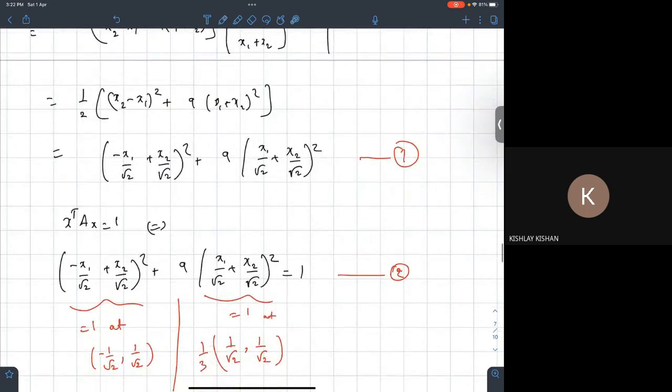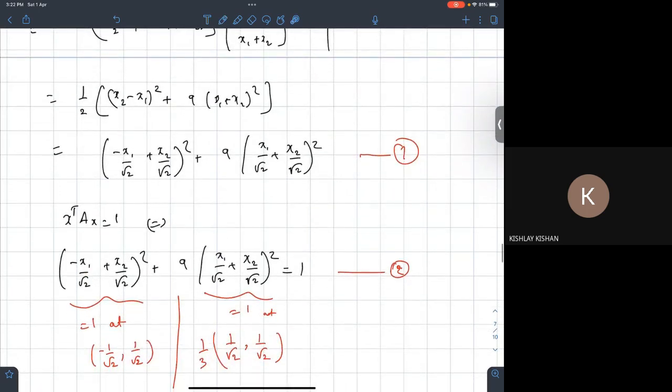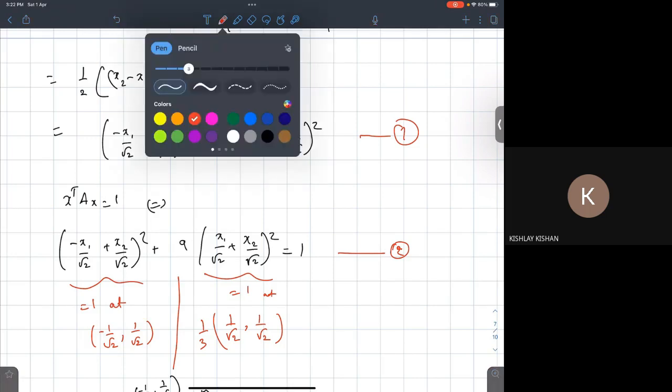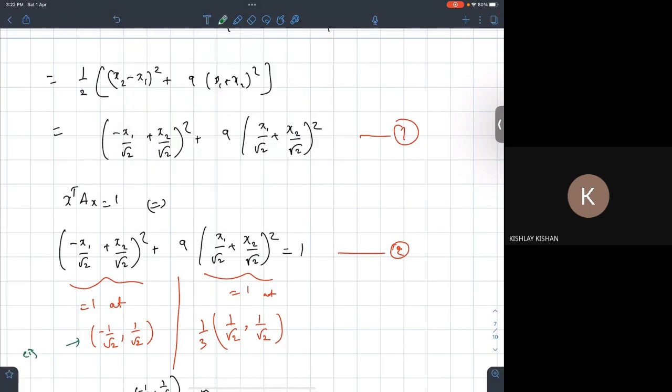All right. So if you look at equation 2, if I want to choose x1 and x2 such that only the first term is 1, then that will be this. Got it? This is the eigenvector corresponding to the eigenvalue, the eigenvector for lambda equals 1. And this is 1 by 3 times an eigenvector.